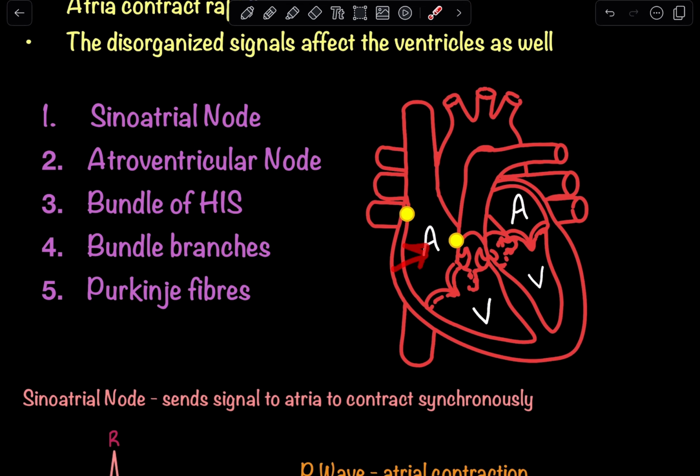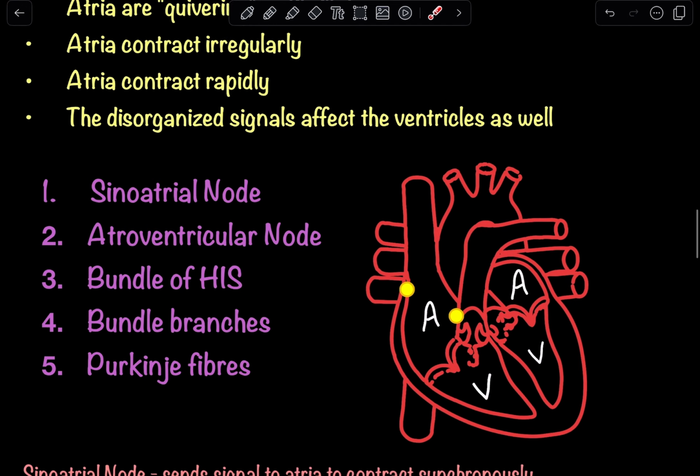So when we have these randomized rapid signals, these are going to be picked up by the AV node as well. And these randomized signals cause the atria to contract in a very rapid and irregular manner. And then once they reach the AV node, of course, there is that longer refractory period. So not all of those signals will go on to reach the ventricles. And we'll see how that is affected in the EKG and the heart rhythm in a second.